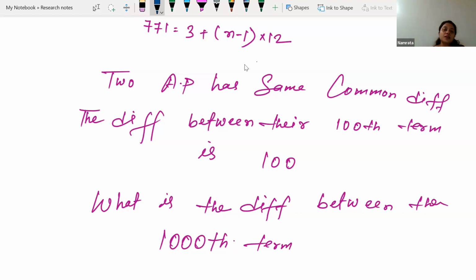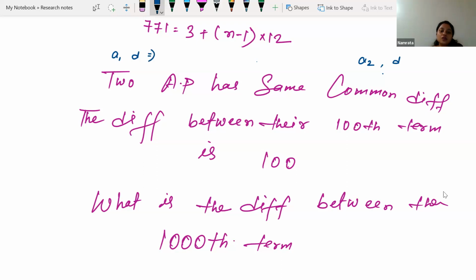So let's say the first AP has A1 as the first term, common difference I am writing D only. The second AP has A2 as the first term, but here also the common difference is D only. Let's say these are our assumptions. The difference between their 100th terms is 100.